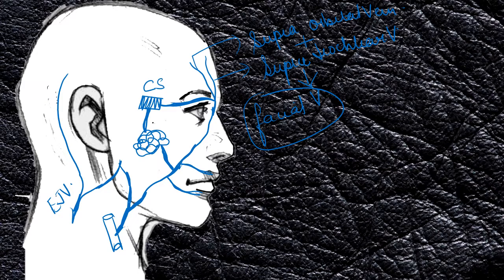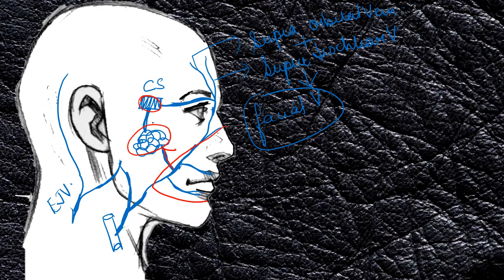So now, do you identify why this area could become dangerous? Yes, why does this area become dangerous all of a sudden? Because there is a deep facial vein which is getting connected to the cavernous sinus, which is inside the cranial cavity, through a pterygoid venous plexus.